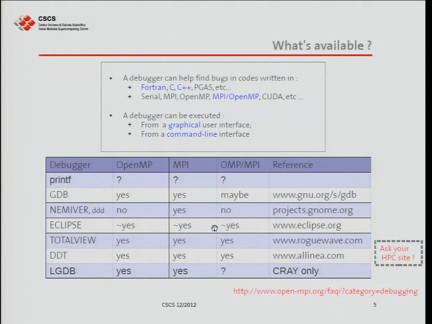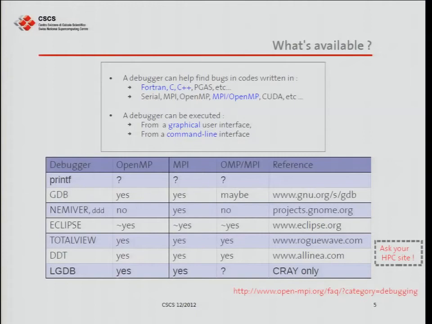You have different types of debuggers on the market. Most of them can debug any language, like Fortran, C, C++. And of course, they support MPI, OpenMP, hybrid code, and also next generation languages like CUDA.